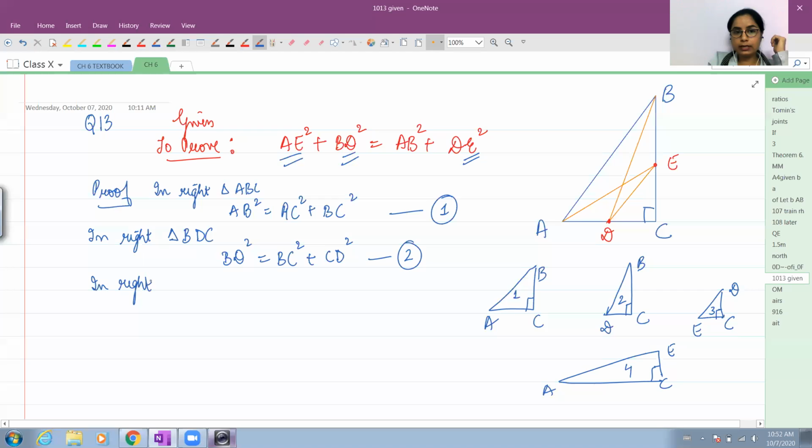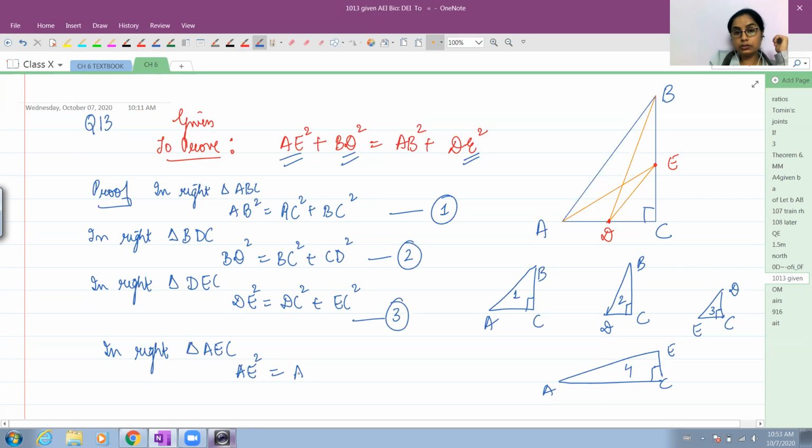Then in right triangle DEC, we have DE square equals to DC square plus EC square, number 3. And then in right triangle AEC, we have AE square equals to AC square plus CE square.